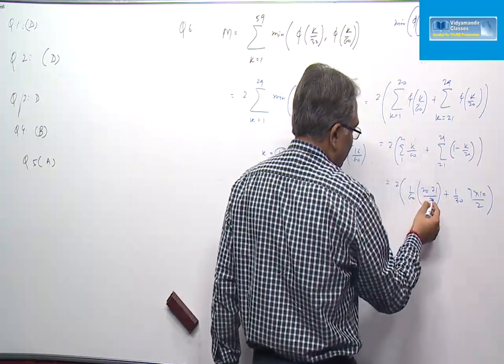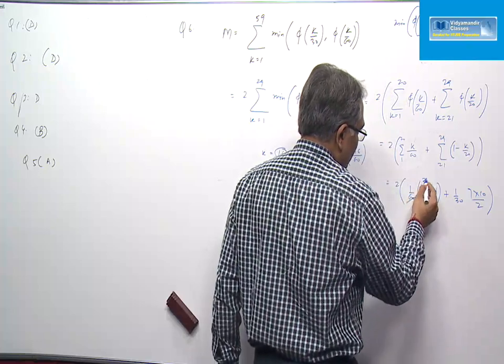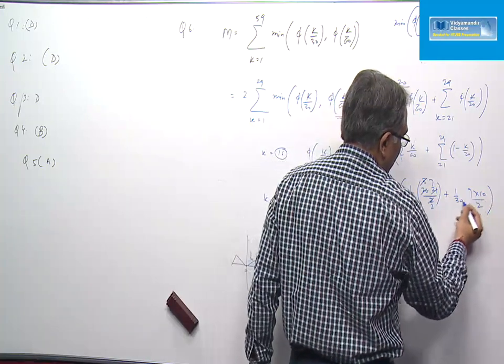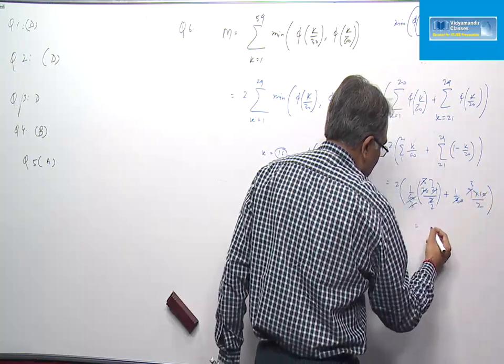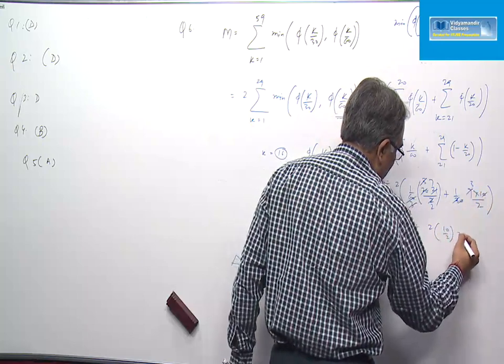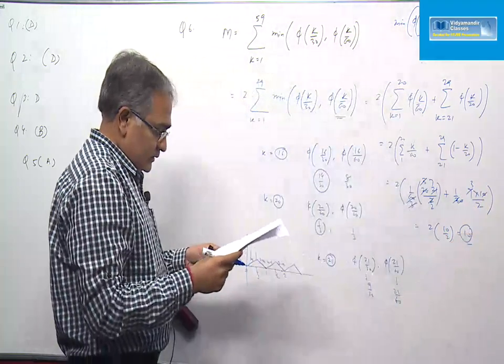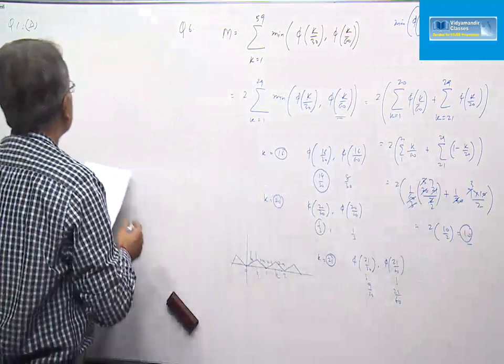It is coming out to be 7 by 2, and this one is 3 by 2, 10 by 2. Hence twice of 10 by 2 is 10. A fairly difficult question again. Option is B.